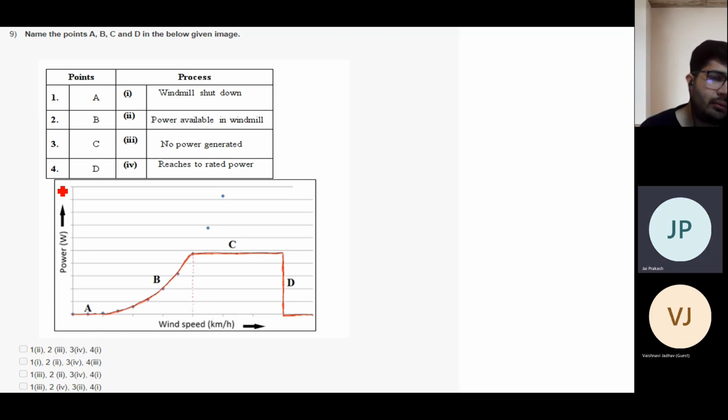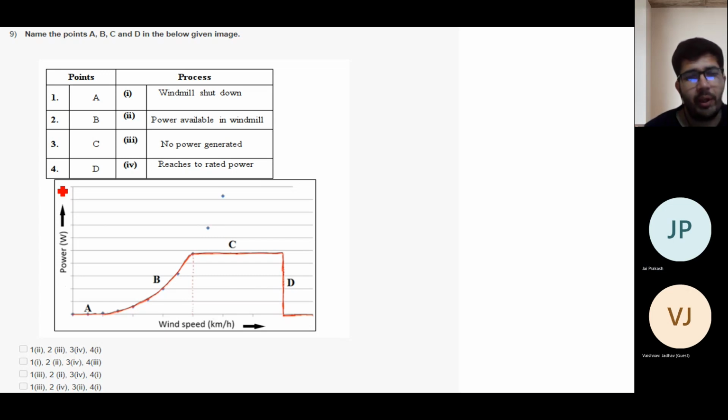Less than 10 kilometer per hour wind speed. Yeah, 10 to 16. So if the speed is less than 10, there will be no power generated. And then what about B? As the speed increases, the power will increase up to a particular limit.